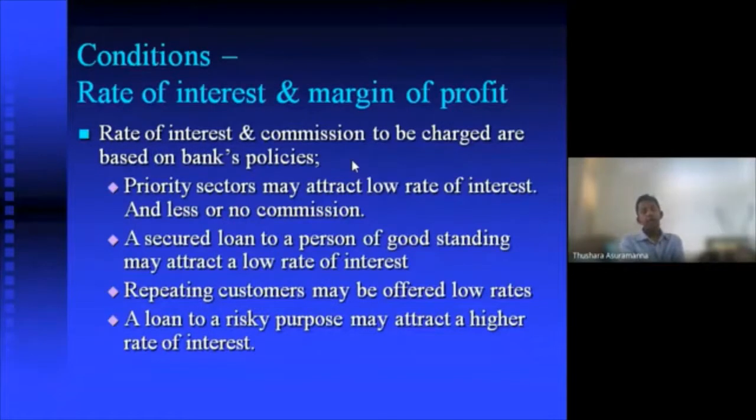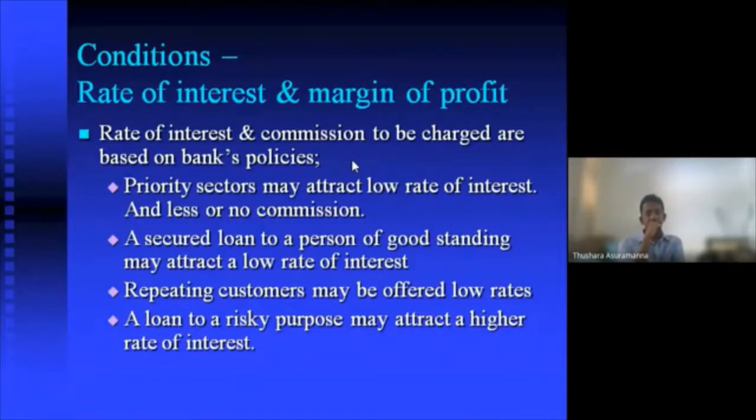Then another condition could be interest rates and the profit margin. You need to ensure that, because why you are doing this business of lending? You need to earn profit, right? While minimizing the risk. So interest rates are very important, and the margin of profit is also important, right?